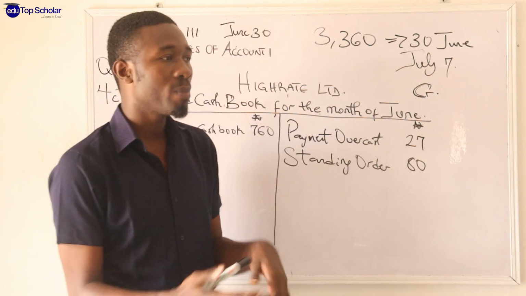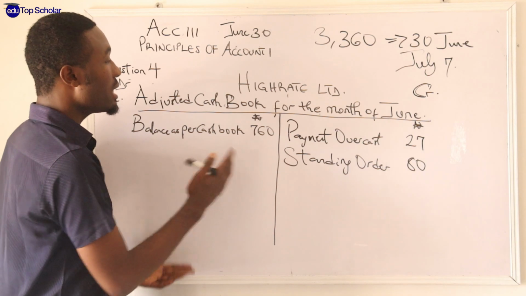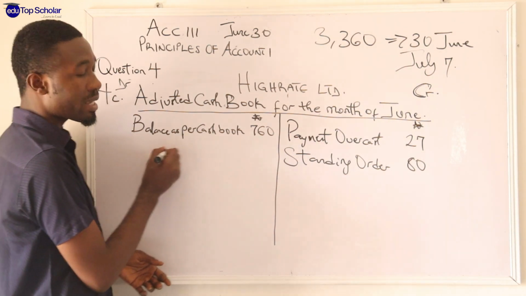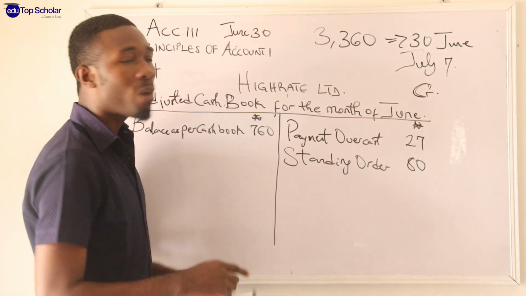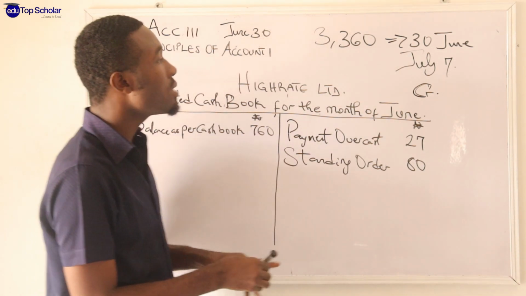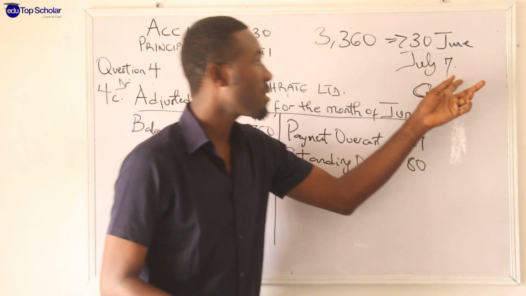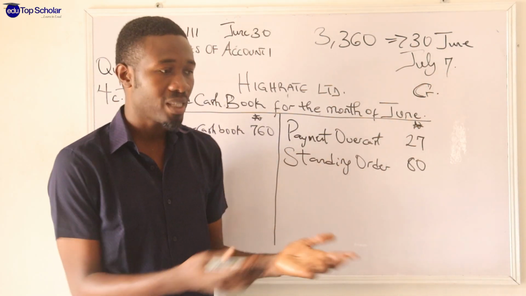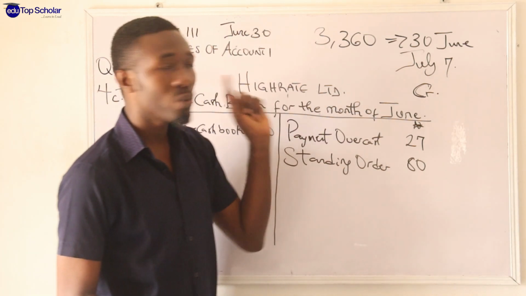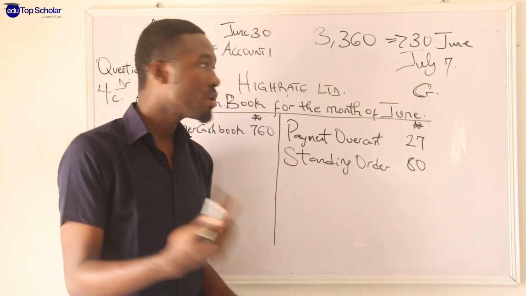In our books we believe that the person has made payment, so we would have recorded this in the original cash book as a debit entry of 3,360. But we did not take the check to the bank until another day, which was after the month. So we have not recorded it with the bank, the bank has not seen it, but we have seen that the person has paid. We stated the other time that it's part of the entries that can come into our cash book without the knowledge of the bank.